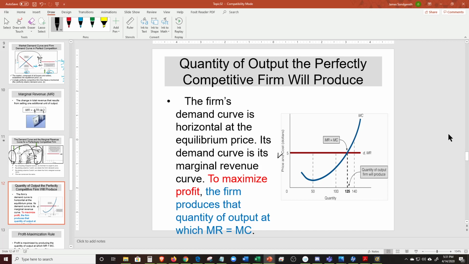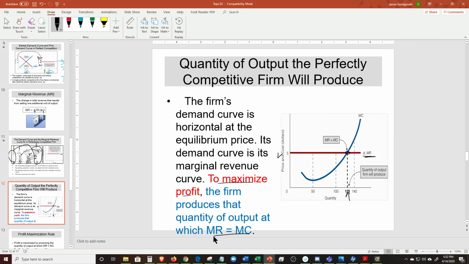Its demand curve is its marginal revenue curve, which we've also established. But here is the rule. To maximize profit, the firm produces that quantity of output at which marginal revenue equals marginal cost. And so right there is the quantity of output that will maximize total profits.